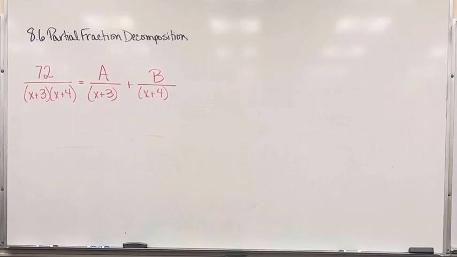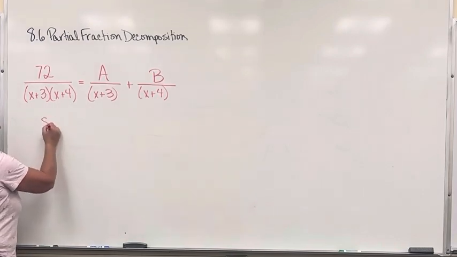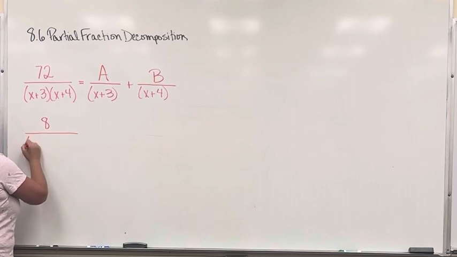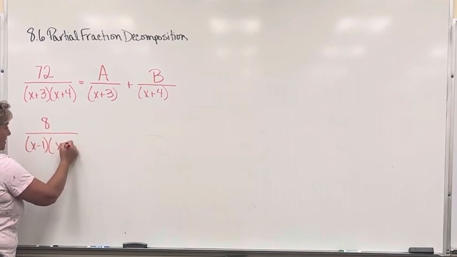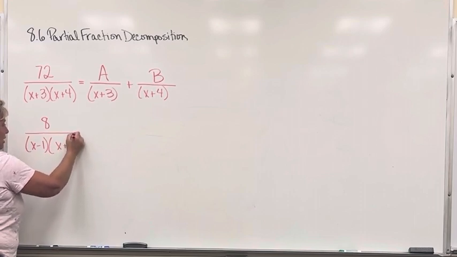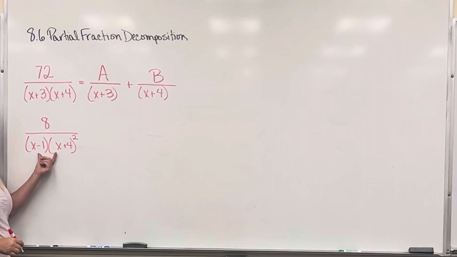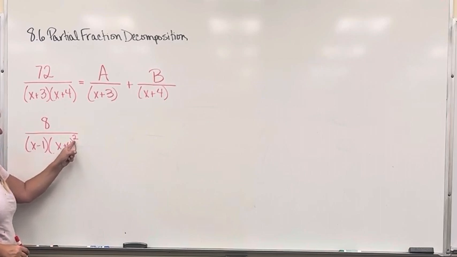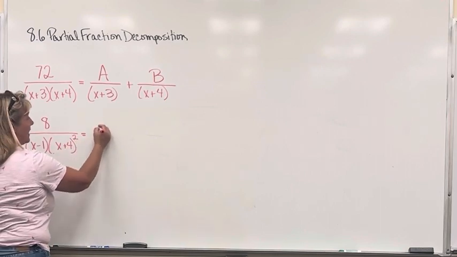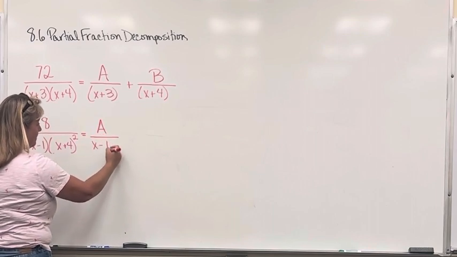Now, let's look at another one, and I want to show you something a little bit different. Let's say this one is 8 over x minus 1 times x plus 4 squared. Now, at first glance, you might think that this one is, again, just two fractions split up. But because of that squared going on there, what this one looks like is we're going to take A over the x minus 1.